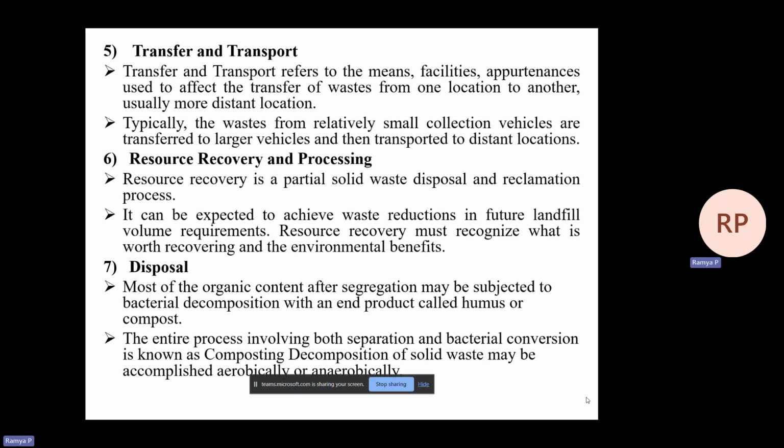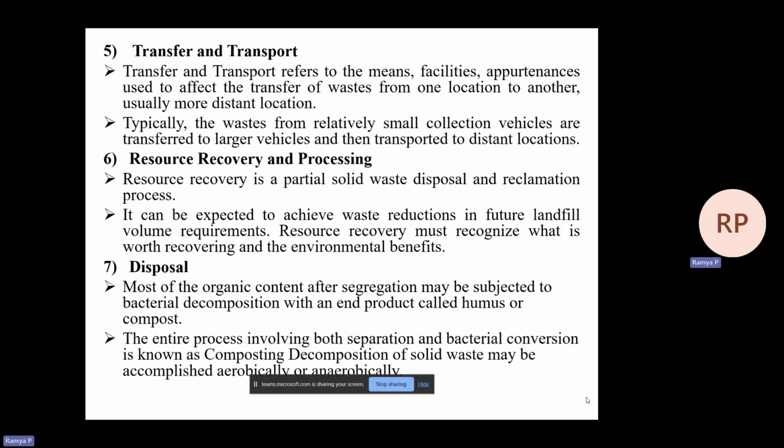The next point is resource recovery and processing unit. Here, resource recovery is a partial solid waste disposal or reclamation process. We can say that waste reduction can take place, where volume reduction is also possible, and resource recovery must always be recognized as having environmental benefit.